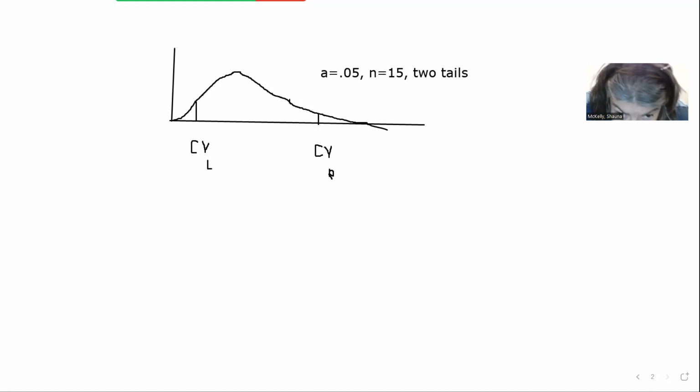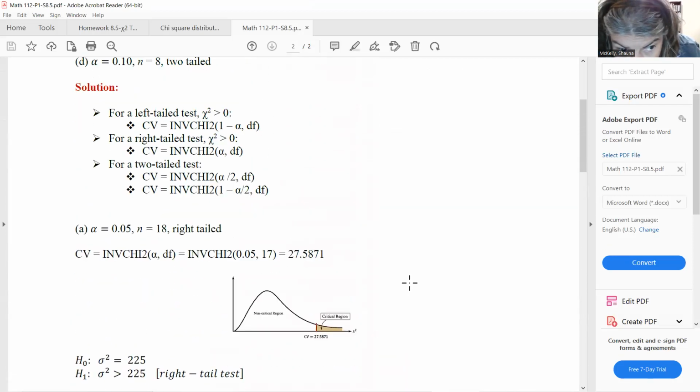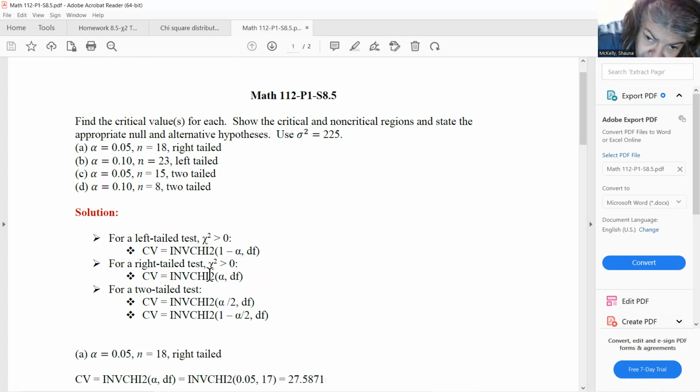So if I go back to show you this, if I go back up here and look at the instructions. For a left tail test, your critical value is inverse chi of 1 minus alpha in df.